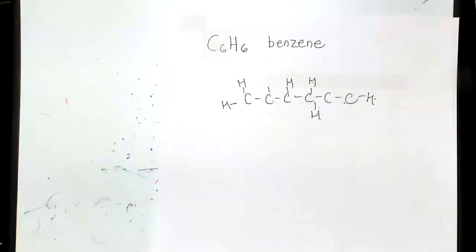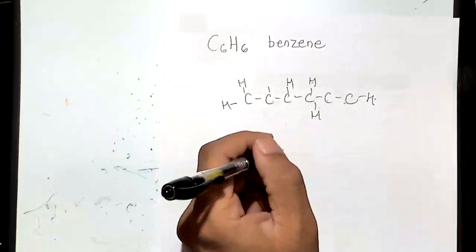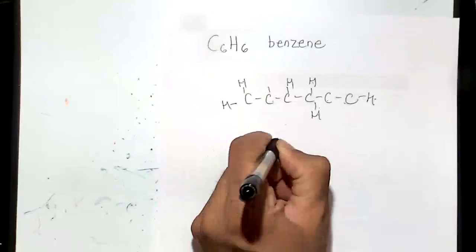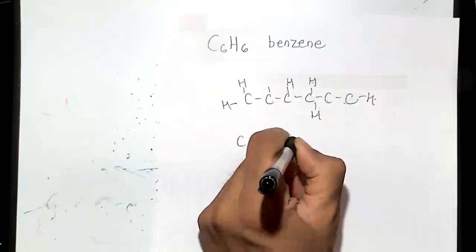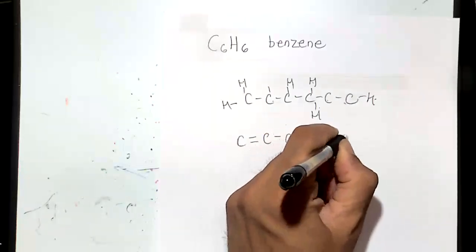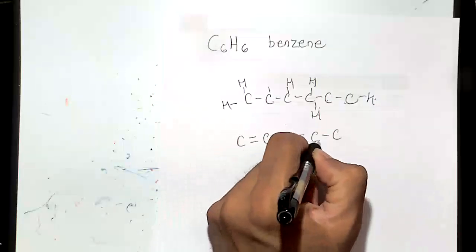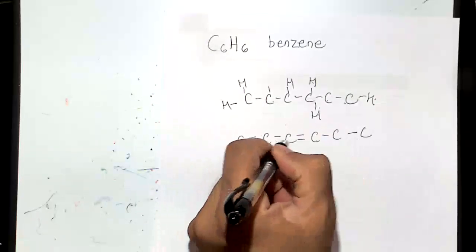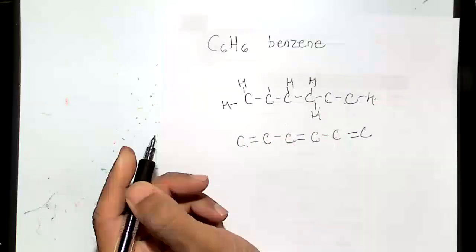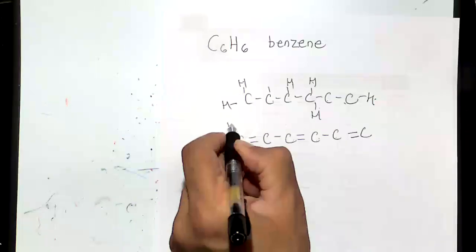Okay, let me give you a hint. What is this hint? Go ahead. Okay, there'll be double bonds, but... Okay, I'll do a double bond. 1, 2, 3, 4, 5. 1, 2, 3, 4, 5, 6.